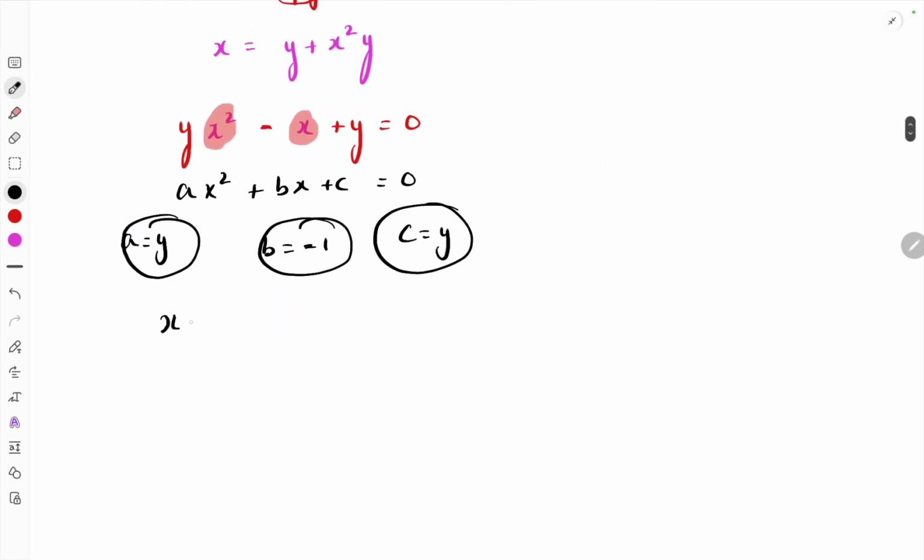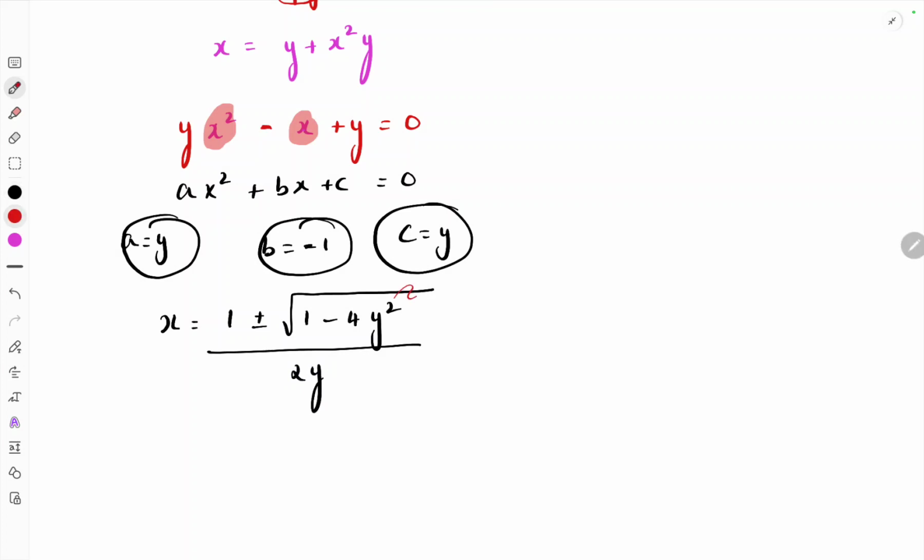So x will be equal to minus b, minus of minus 1, plus 1, plus or minus root of b square, which is 1, minus 4 into a into c, which is y square, divided by 2a, so 2y. So this is what we have. So x we have written in terms of y.